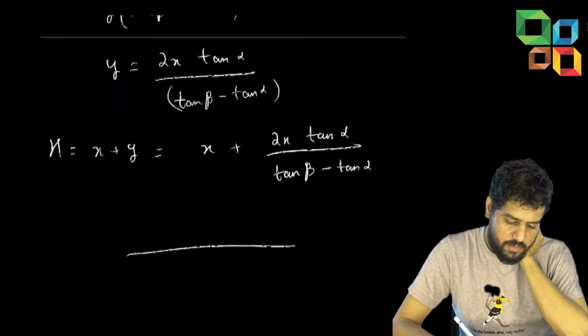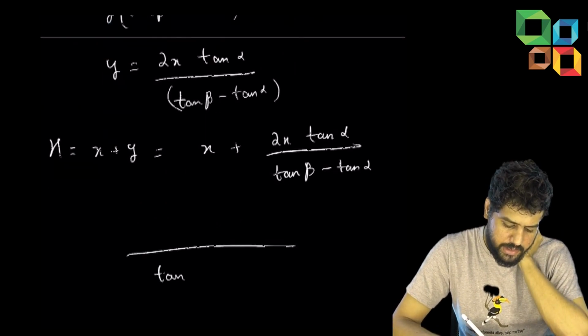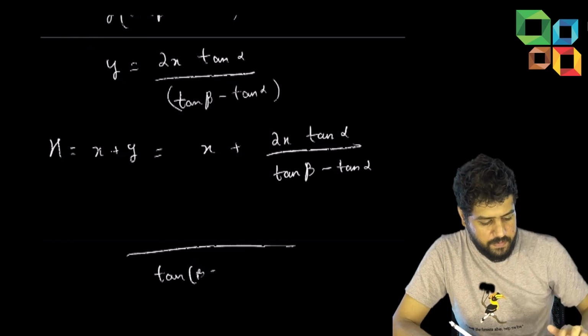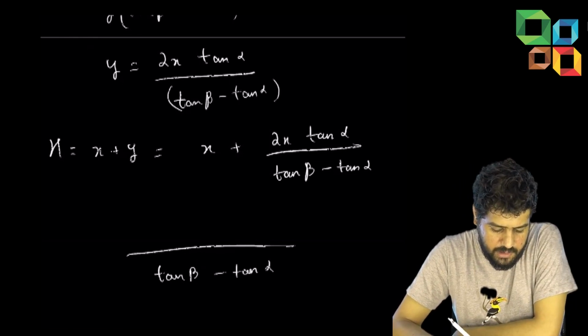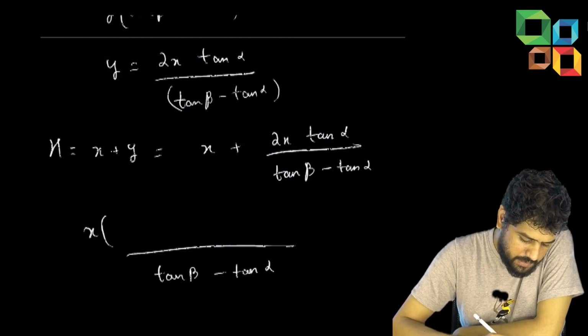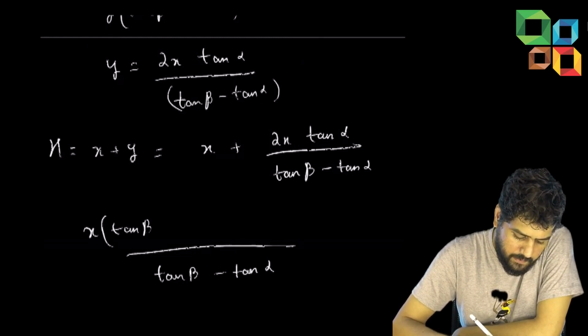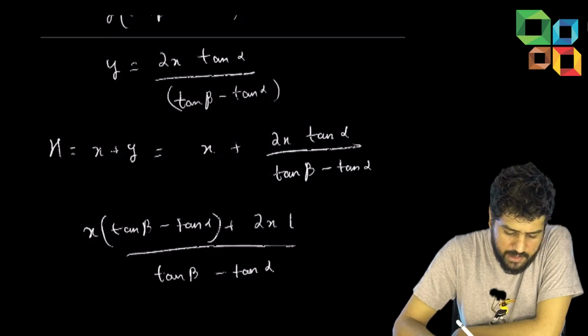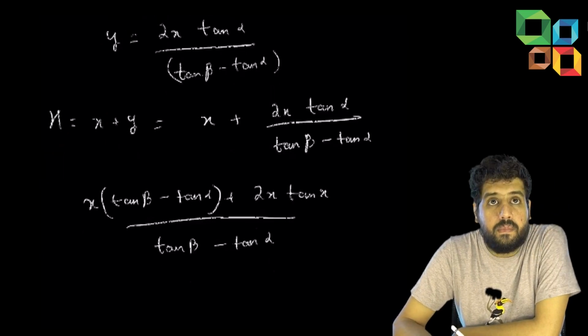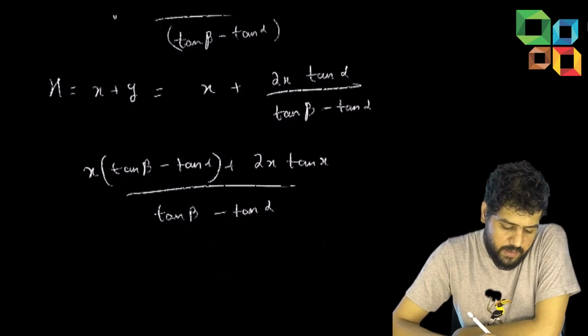Take the common denominator, tan beta minus tan alpha. The numerator will be x times tan beta minus tan alpha plus 2x tan alpha. Does that give us the required answer?